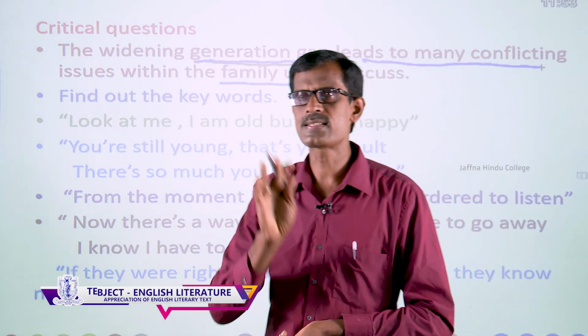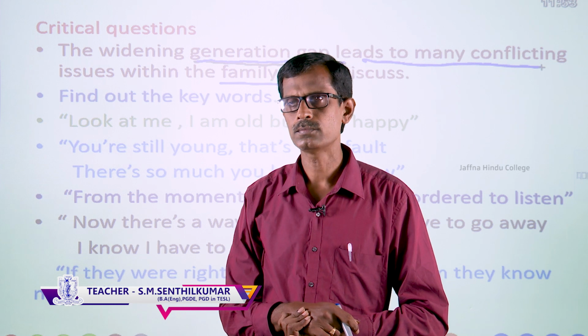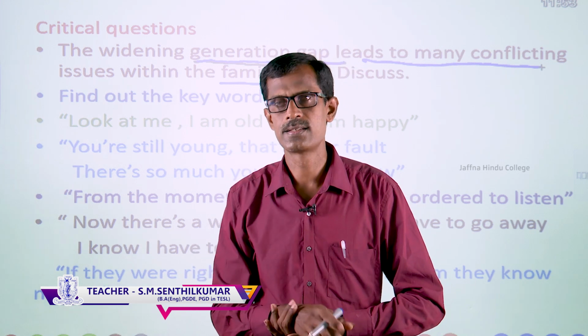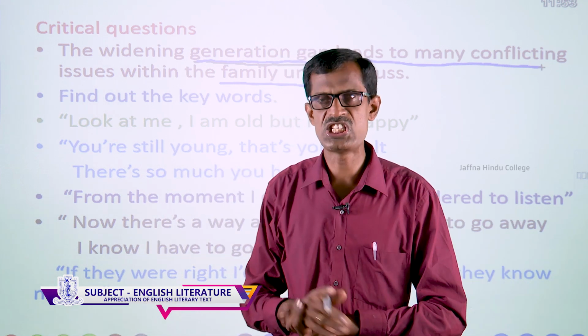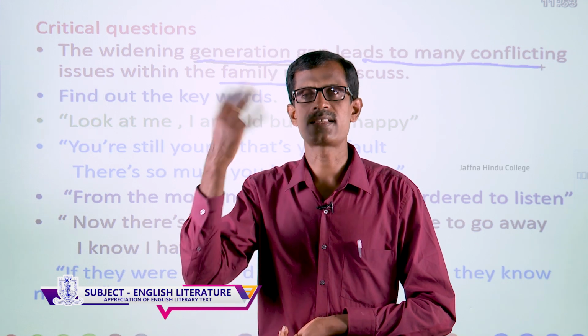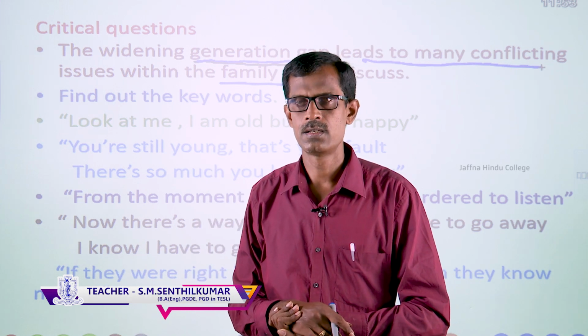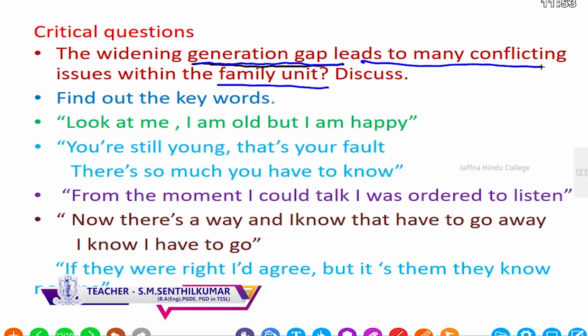In the introduction, you discuss the keywords of the question. Here only you have to give quotations from outside of the text, or proverbs, anything. Find out the prominent keywords and explain them.